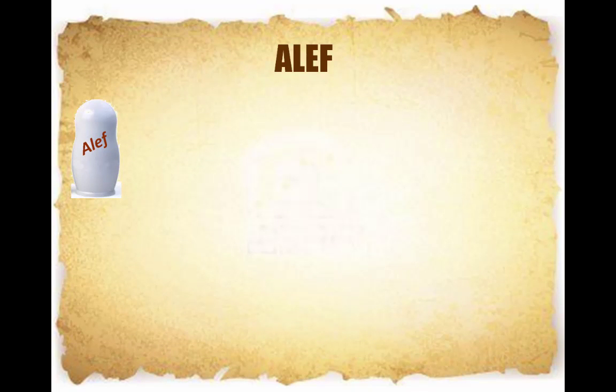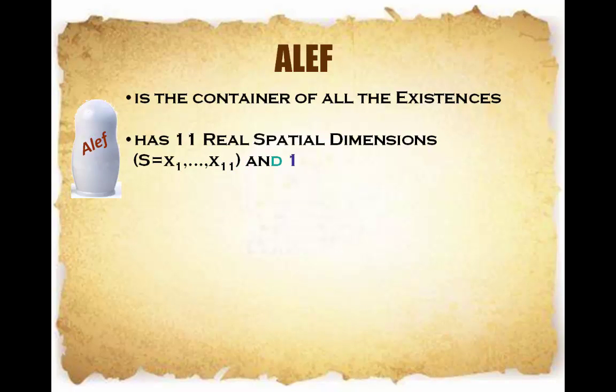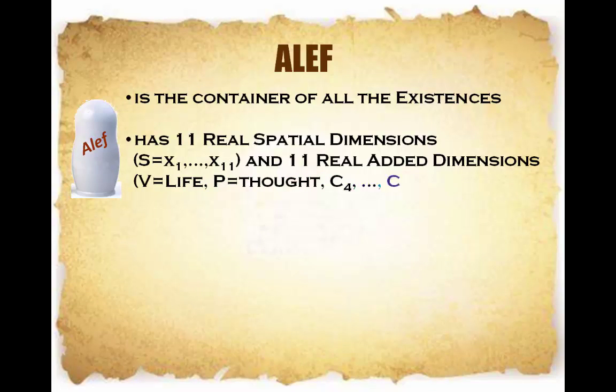Now if we look at the main additional prerogatives of Aleph, we can see that Aleph is the container of all the existences. Aleph has 11 spatial real dimensions, namely x1 up to x11, and 11 added real dimensions, namely V for life, P for thought, C for unknown, up to C12, unknown too.